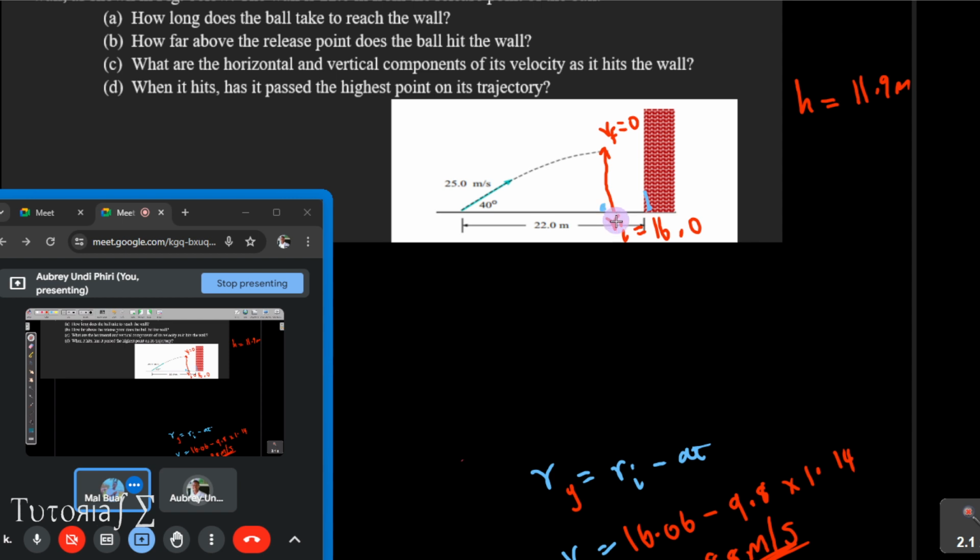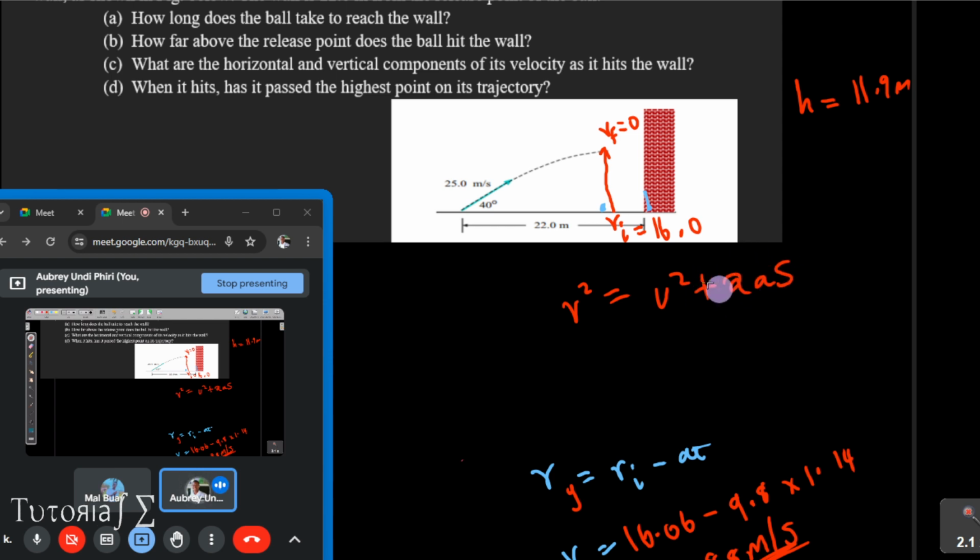When it starts from the ground here, it starts with an initial velocity which we've been given, and when it reaches that height, the final velocity is 0. Then we can use the formula v squared is equal to u squared plus 2as to find the displacement.